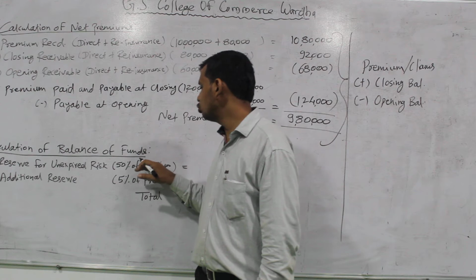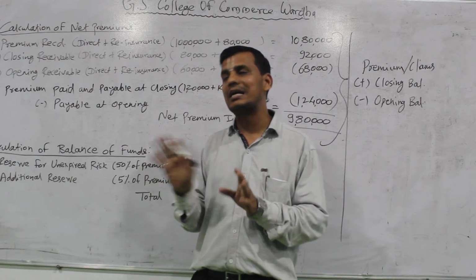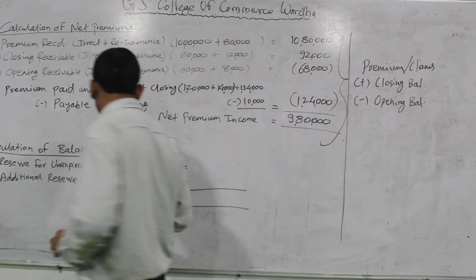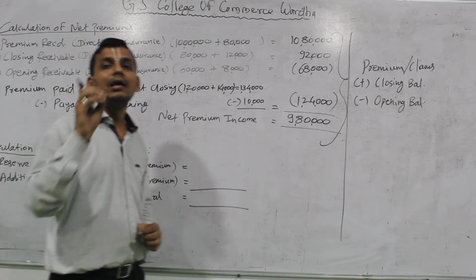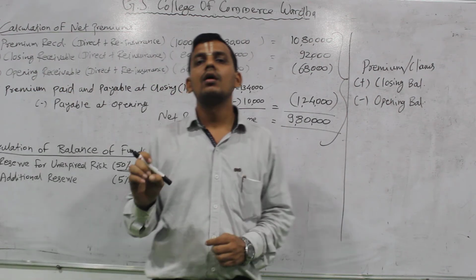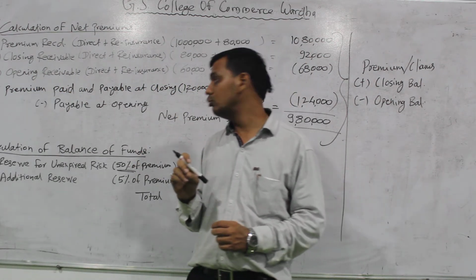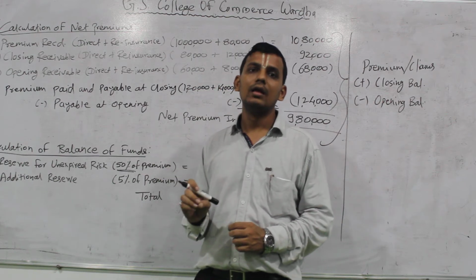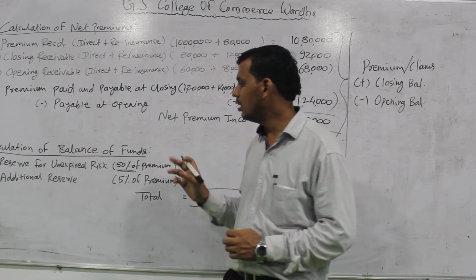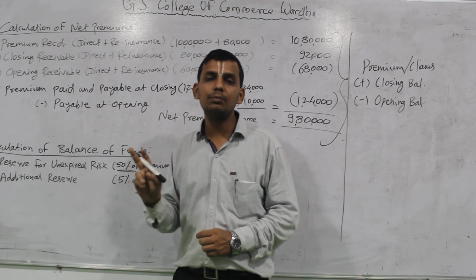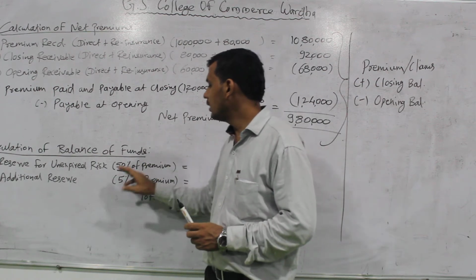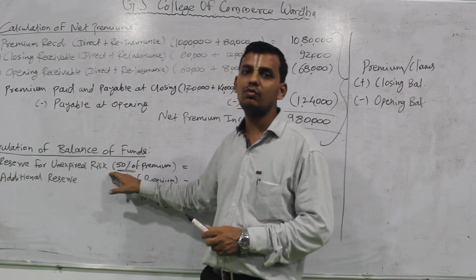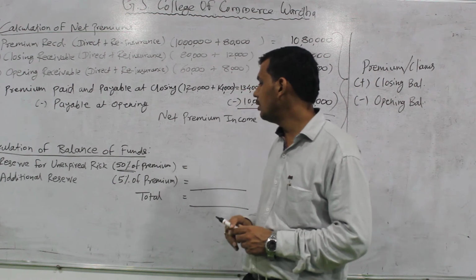In this particular question, we have been directly advised to create it at 50%. It means the company may not be dealing with marine insurance. As marine insurance business carries a much larger risk, 100% of net premium is taken as a reserve for unexpired risk. But for other general insurance, we can take 50% of our net premium.